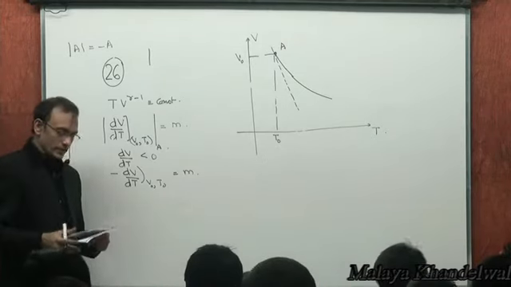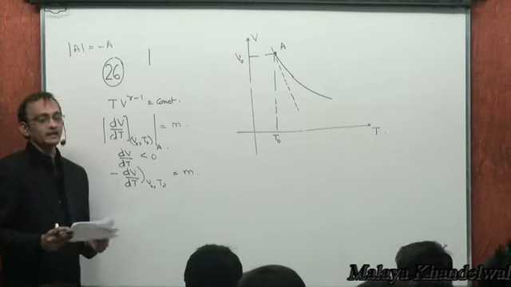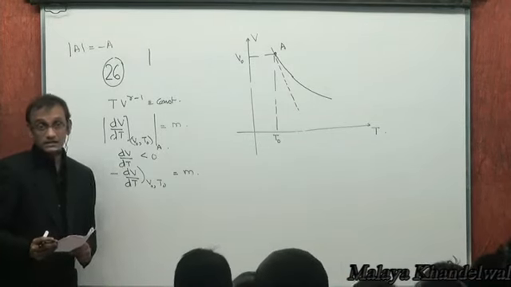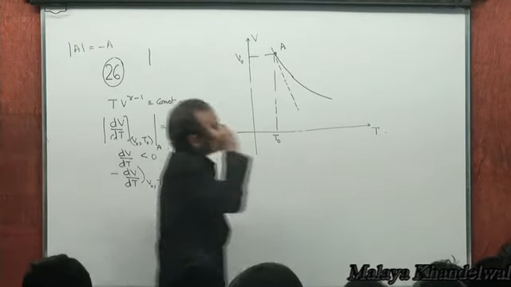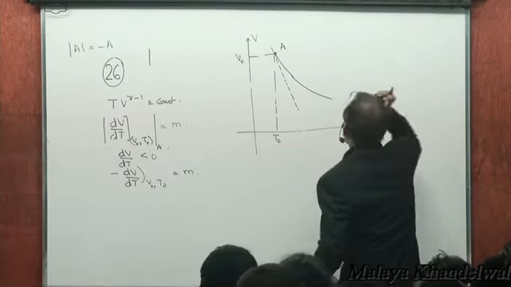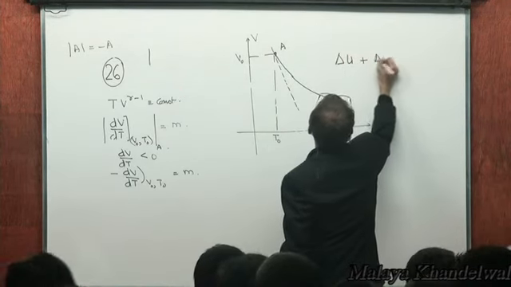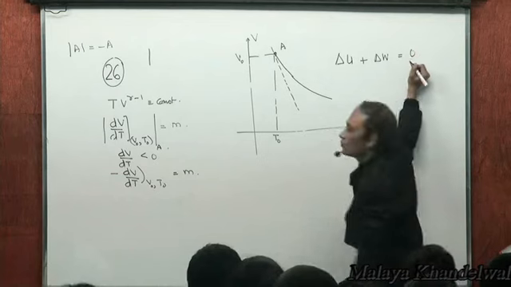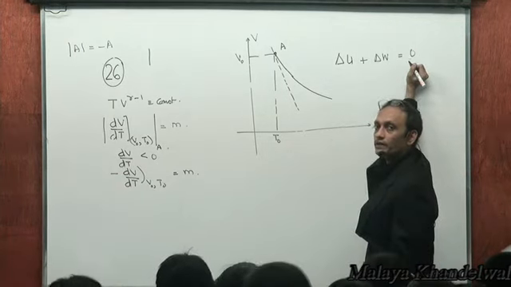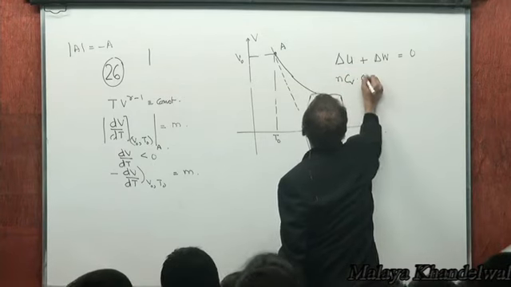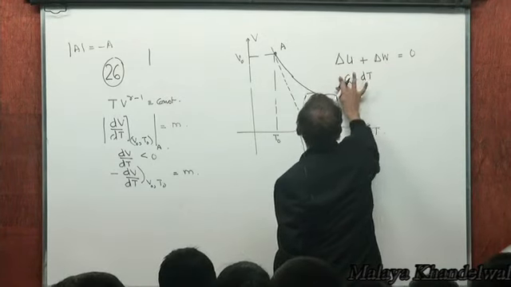Given this, we want to be able to calculate the Cp and Cv. Now, the process is adiabatic. Therefore, change in internal energy plus work done will be 0. Change in internal energy is NCV dt, say 1 mole of the gas.